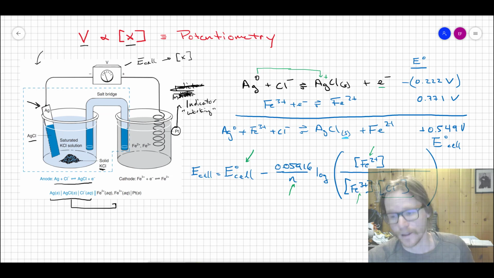Do we know chloride? The answer is yes, because chloride is fixed by the Ksp of KCl, because it's a saturated solution with excess salt.